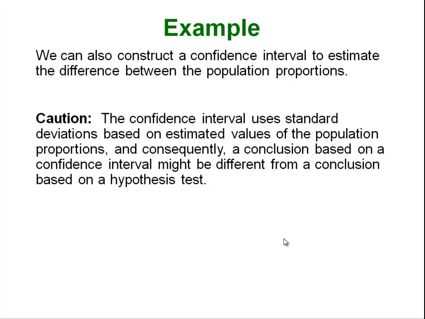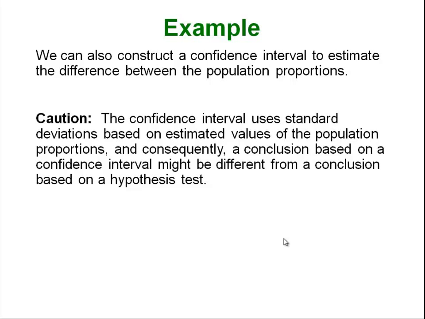We can construct confidence intervals very simply, and we can also use confidence intervals, as we've seen before, to test hypotheses, but it's a very bad thing. A lot of people do it, but the number one problem is that your confidence interval uses standard deviations that are based on estimated values of the population proportion.